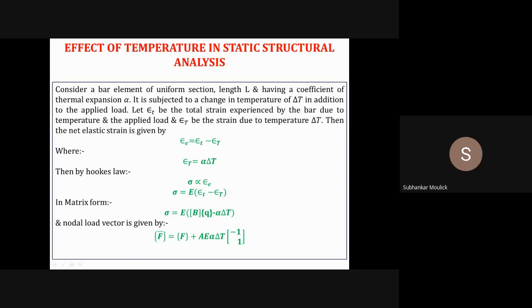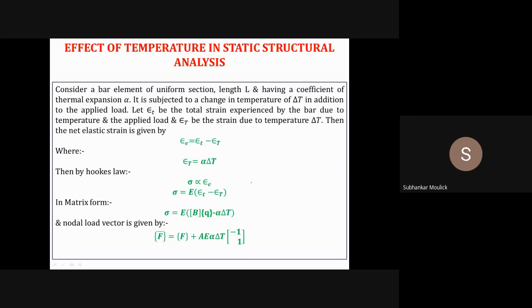This epsilon E we will substitute by epsilon T, the strain developed in the bar due to change in temperature as well as due to applied load, minus epsilon capital T, where epsilon capital T is the strain generated in the bar due to change in temperature.